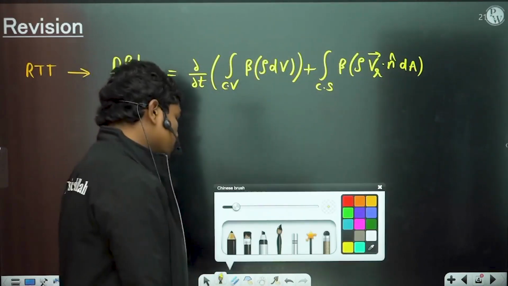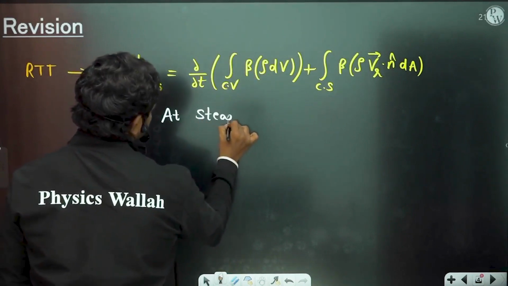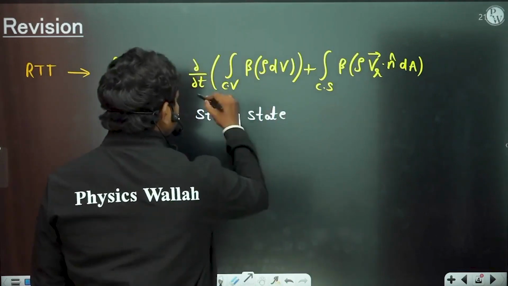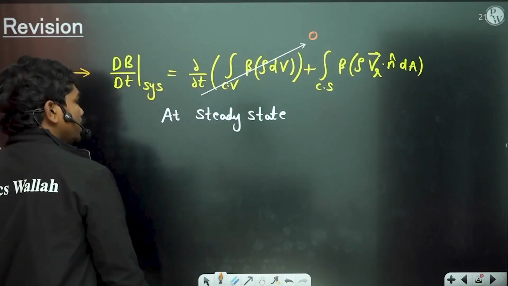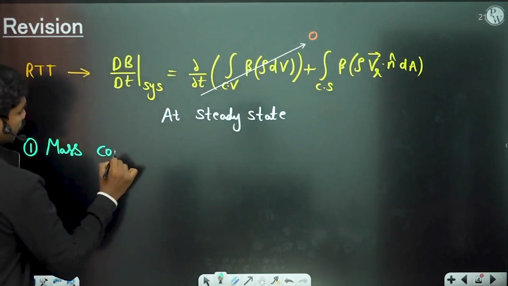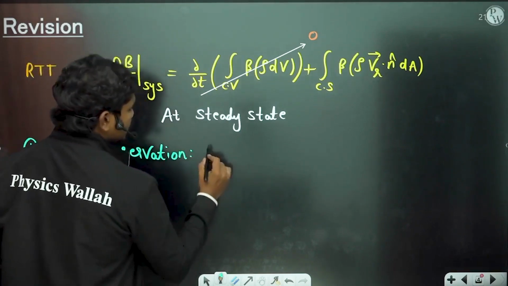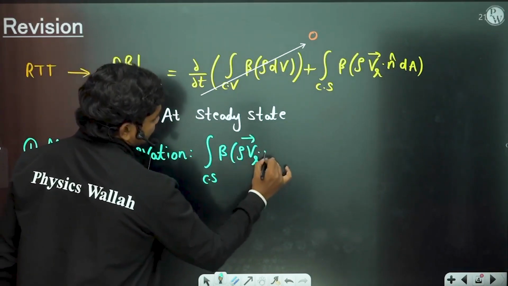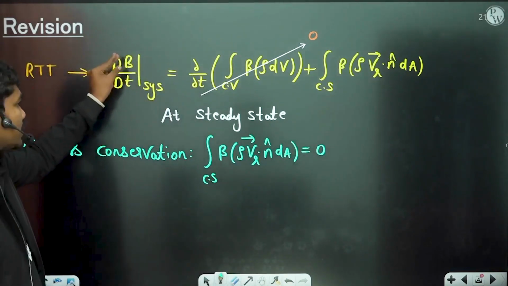We applied this equation to conservation of mass. At steady state, we have seen that the first term, the time derivative term, is 0. Then for mass conservation, the control surface term, β times ρ (V_R · n̂) dA, is equal to 0, because in mass conservation there is no change in the system, since B itself is the mass.